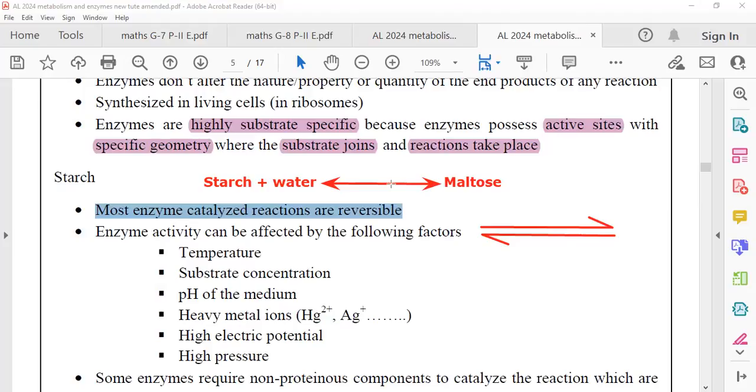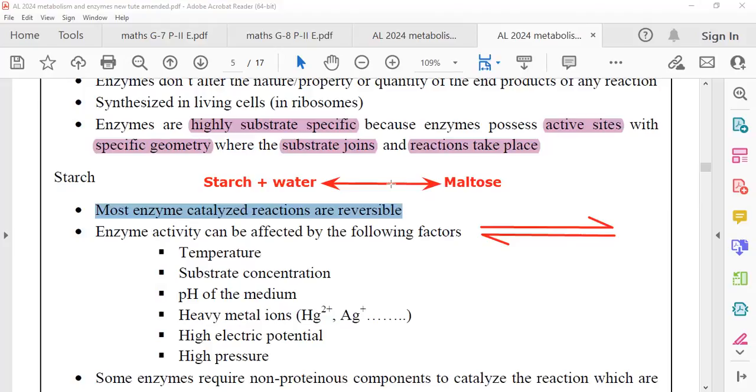Temperature, substrate concentration, pH of the medium, heavy metal ions, high electric potential, high pressure.